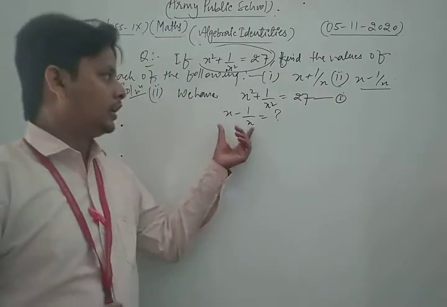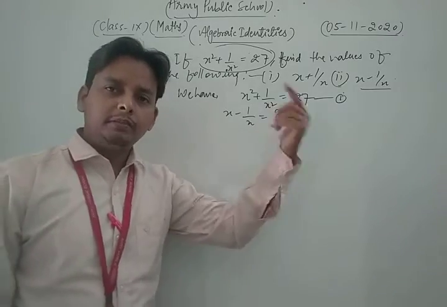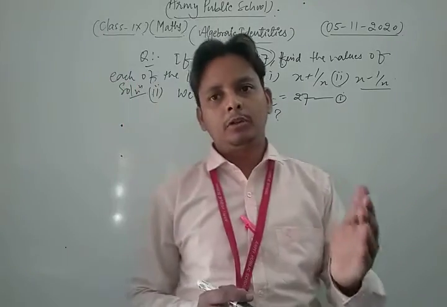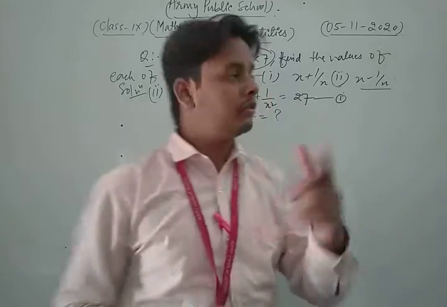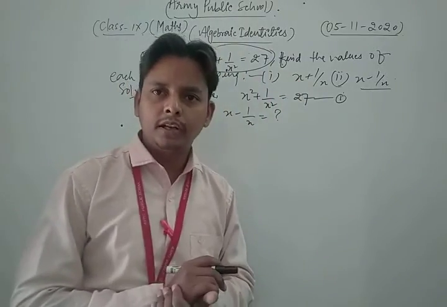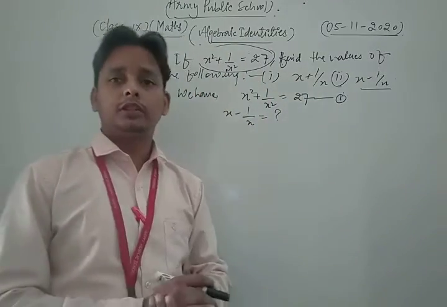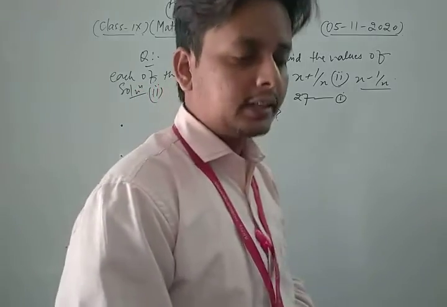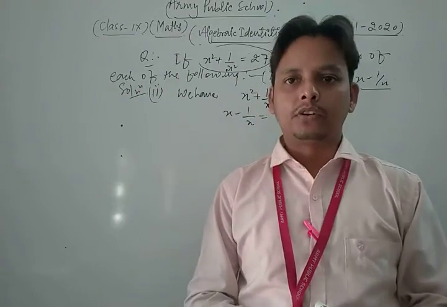Look dear friends, in the first part of this question we applied the formula a plus b whole square, because we found the value of x plus 1 upon x. But in the second part we find the value of x minus 1 upon x.